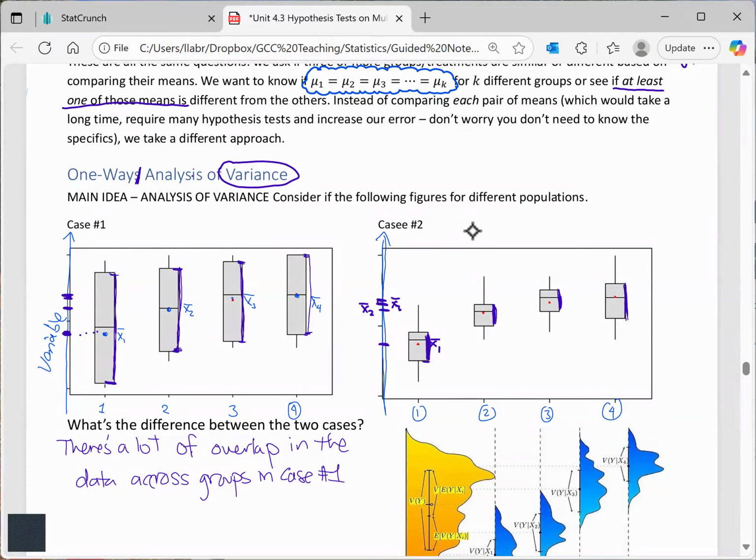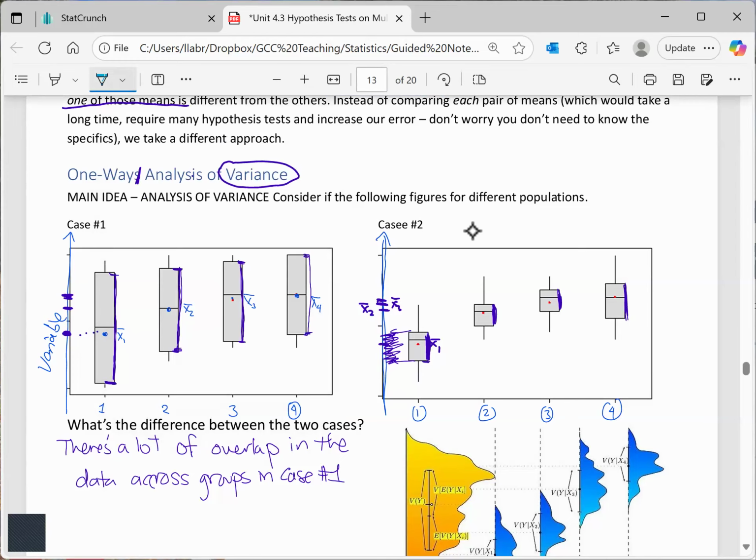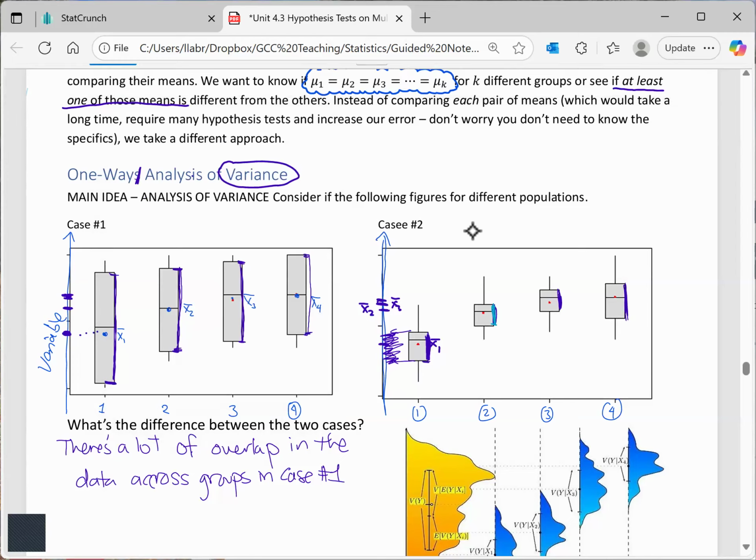What I mean by that is if you were to project this variability on the same axis, then this is the range where we have our data for group 1. Then let's take a look at the range where we have our data for group 2. It's right here. So let's put that on the same number line, around here. And notice that these are not even overlapping.